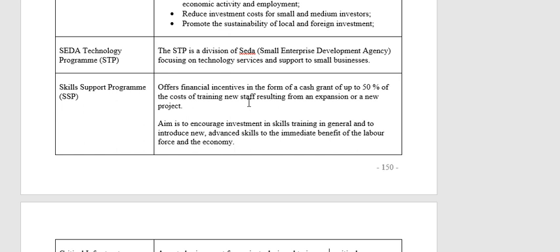It depends on how much you spent on training, how many new staff you hired, how many jobs you created, but the government will evaluate your request, and up to 50% you might get back. So they are basically paying up to 50% of the cost of training, so it reduces the money that you have to pay for training, and also helps to reduce your production cost. The aim here is to encourage investment in skills training.